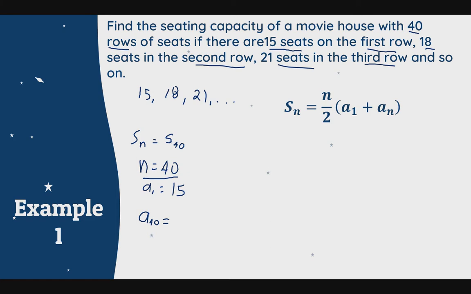On this problem, the last term is unknown. So how will we look for S sub 40 if we don't know the number of seats in the last row? In solving this kind of problem, we will have another approach.